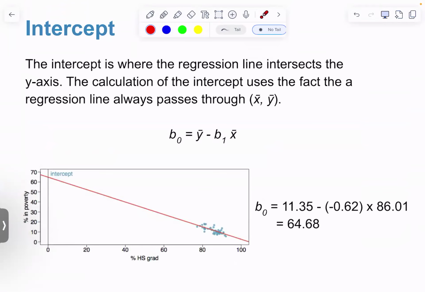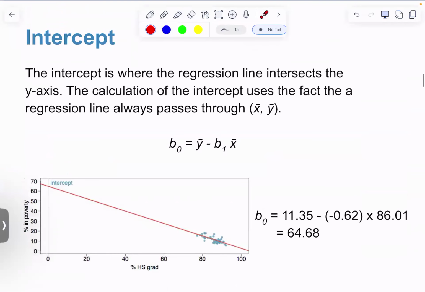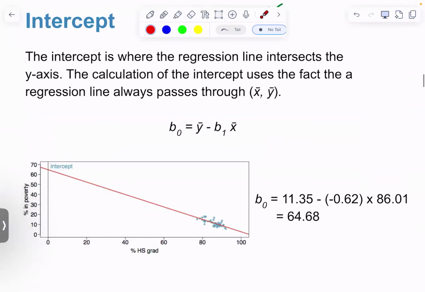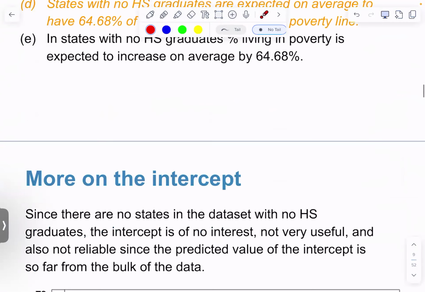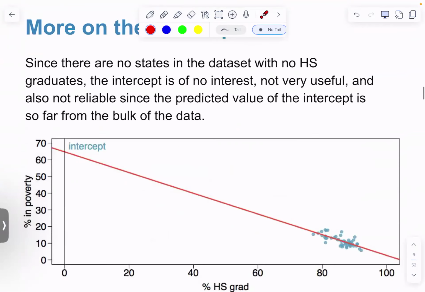Yeah, here's the one I wanted. So the y-intercept, right, is wherever this line crosses x equals 0, right? And so its lines keep going forever and ever in either direction.